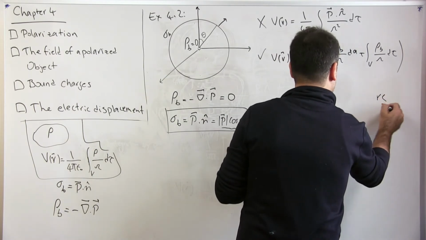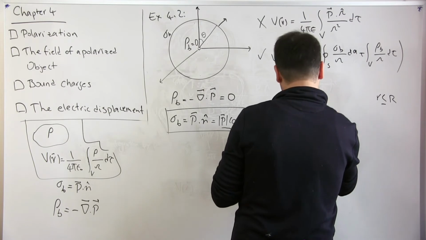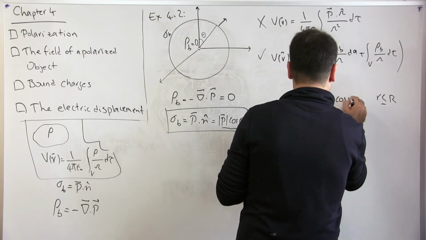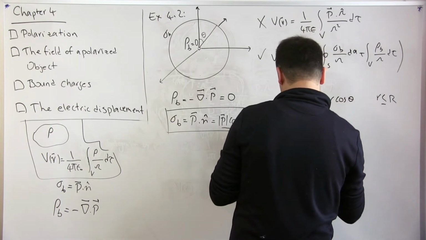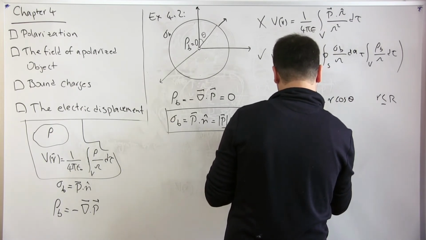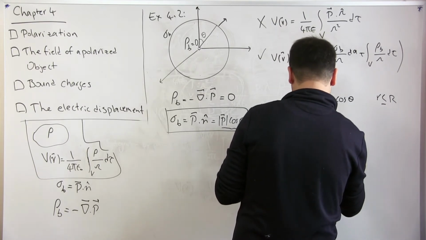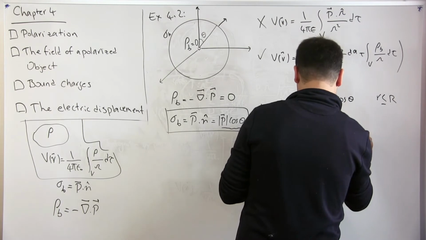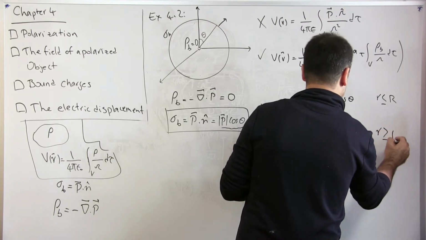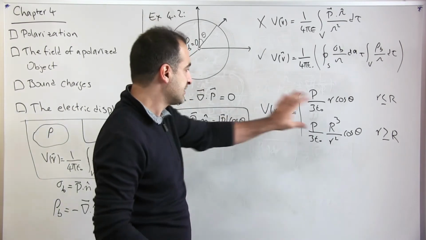For inside the sphere, it was P over 3 epsilon 0 times r cosine theta, and the potential outside was P over 3 epsilon 0 times r cubed over r squared cosine theta. Okay, so different terms for inside and outside.